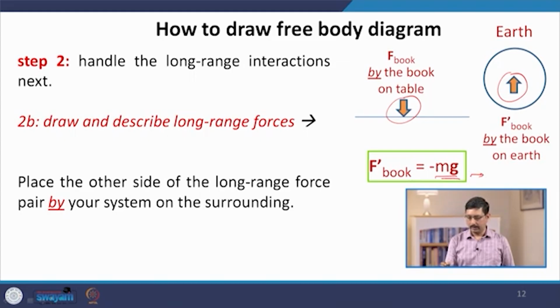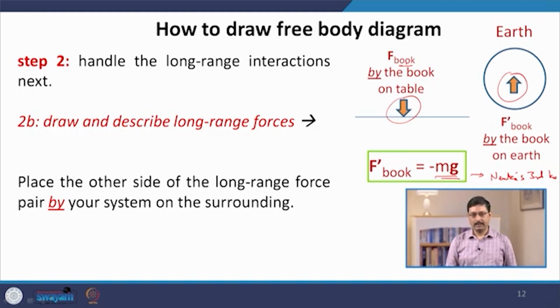This is equal and opposite to the weight of the book by Newton's third law, and this is a force which is different from the force that the book exerts on the table.